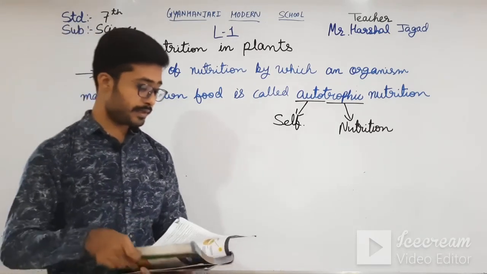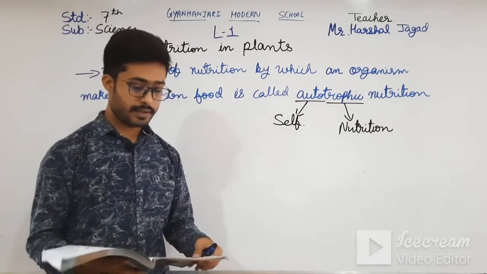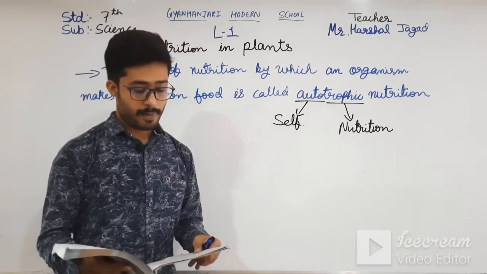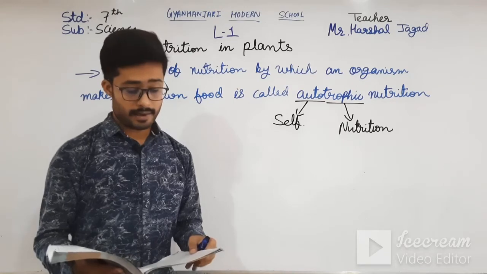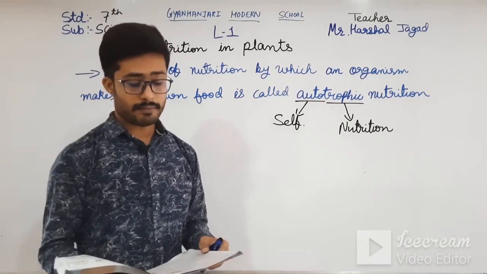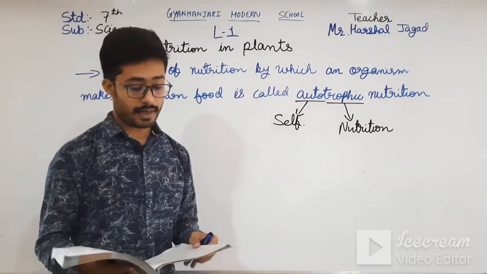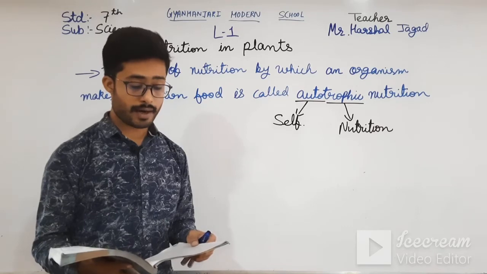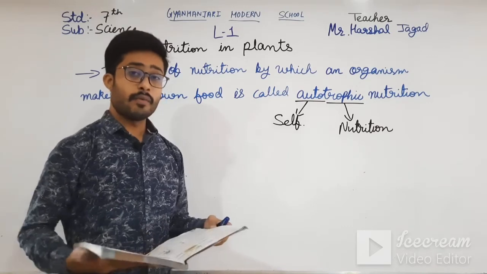On the next page there is the photosynthesis process. Okay students, here photo means light and synthesis means to put together. It is a process by which plants use the sun's energy to convert water and carbon dioxide into carbohydrate.